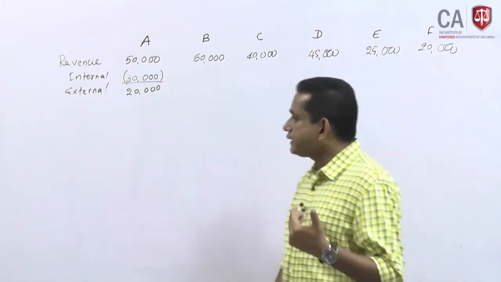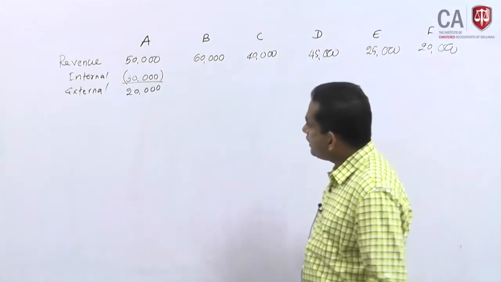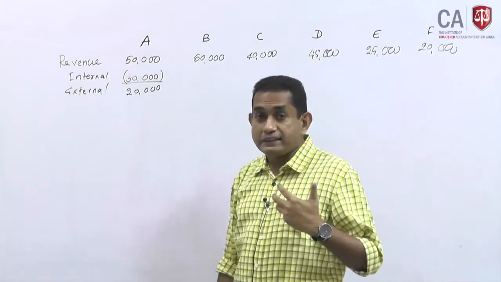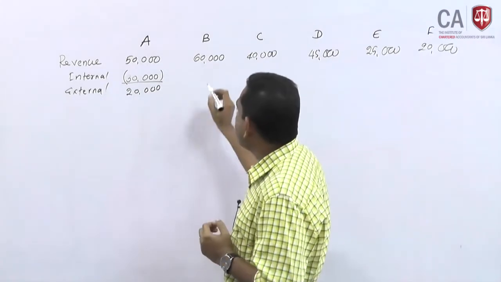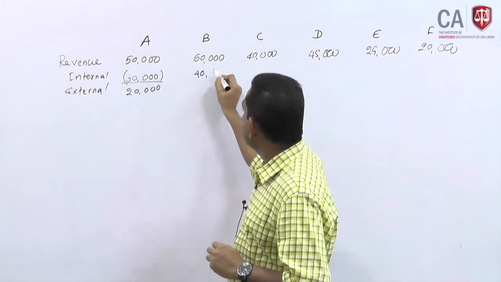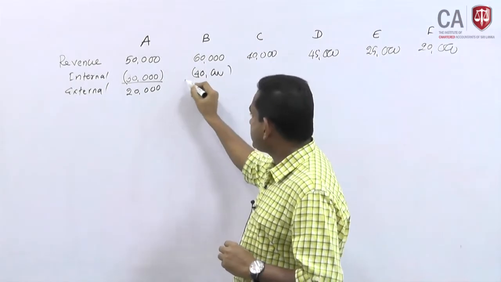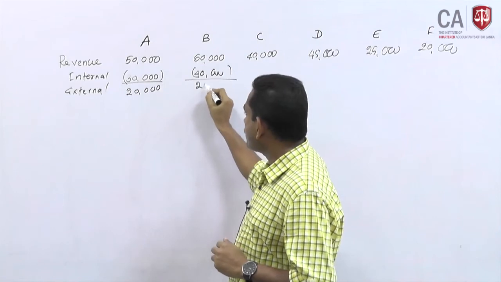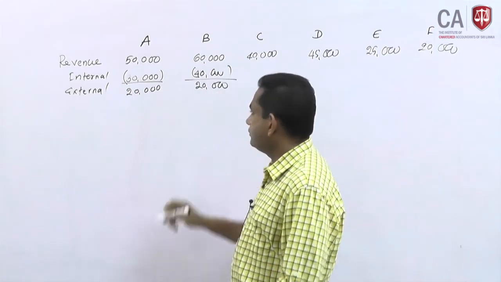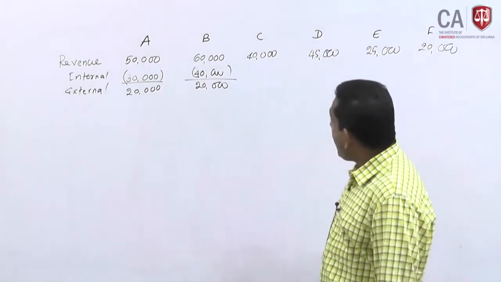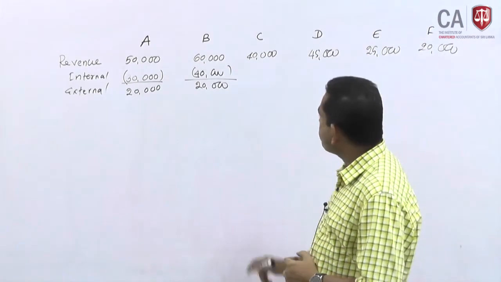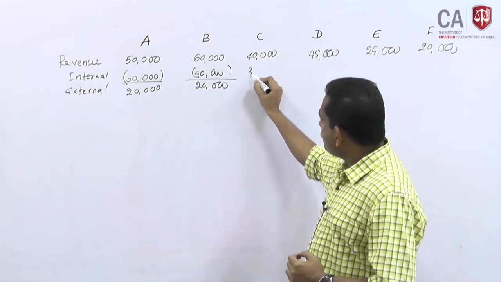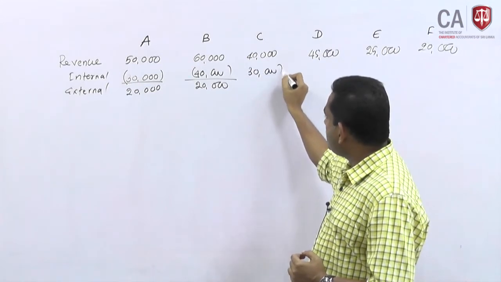So, once again, B, included in this 60,000 total revenue is an internal revenue of 40,000 and the external revenue is just 20,000. Out of 40,000 total revenue of C, 30,000 has been internal to the other segments.